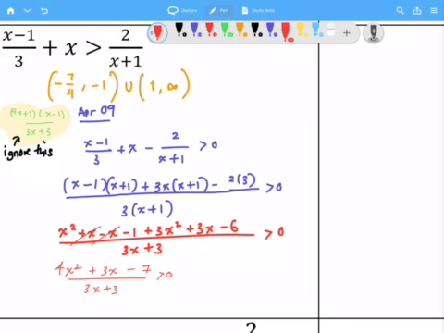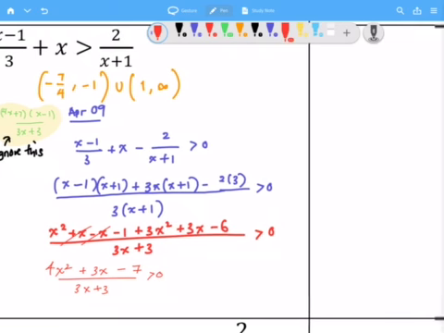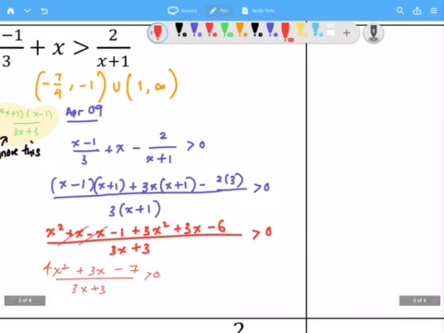After that, you simply factorize this equation here. You factorize it into something like that: 4x plus 7, then x minus 1, over 3x plus 3 bigger than 0, from x squared minus 4x plus 7x minus 7.